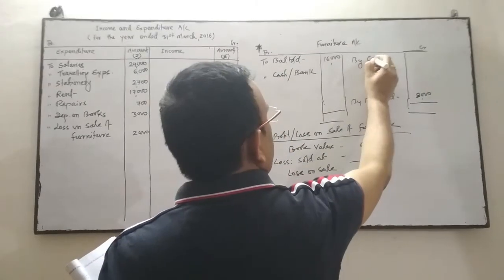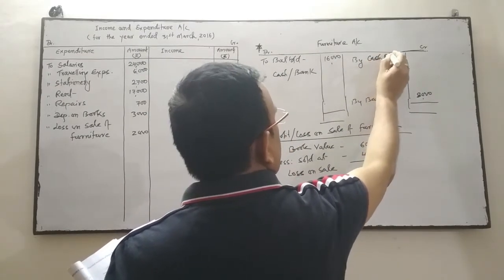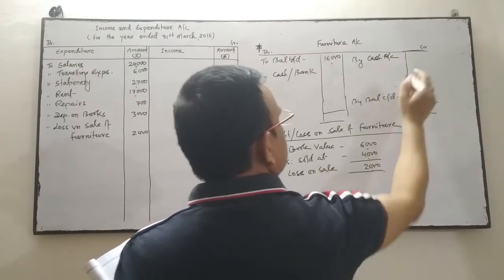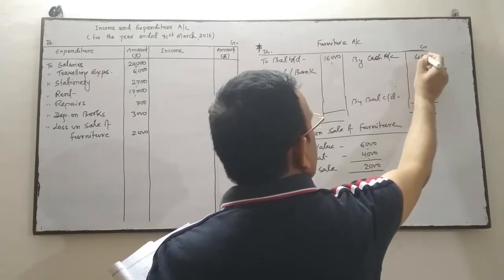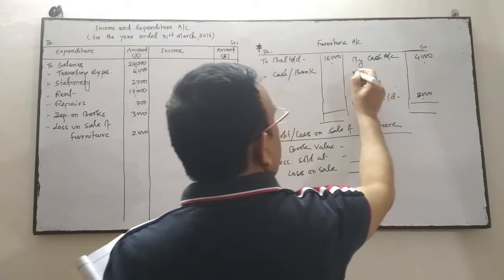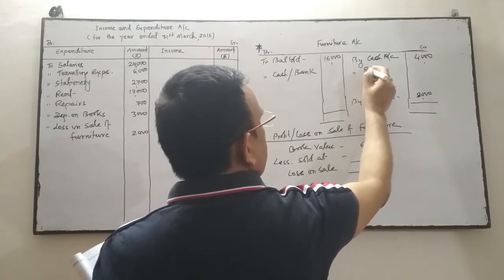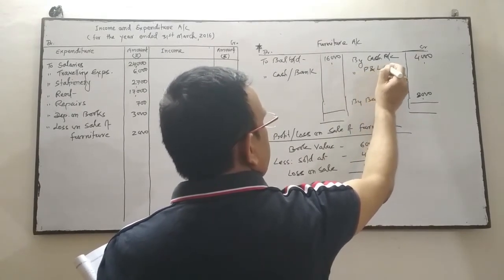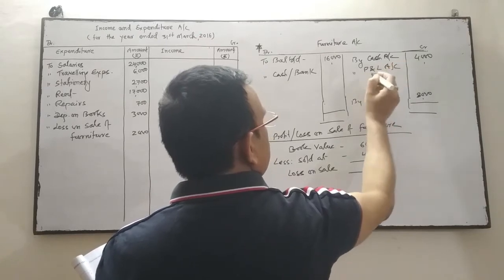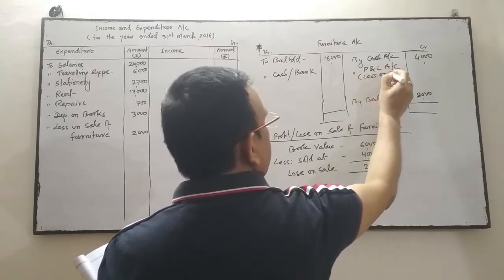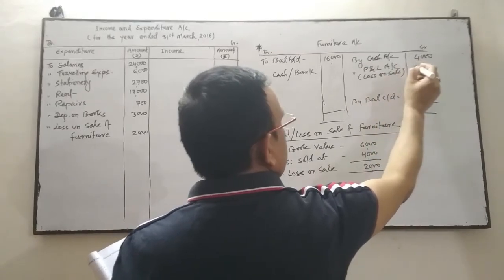Furniture sold for rupees 4,000 by cash and loss on sale of furniture transferred to PL account. Loss on sale is 2000.